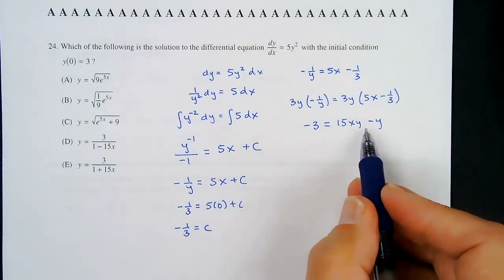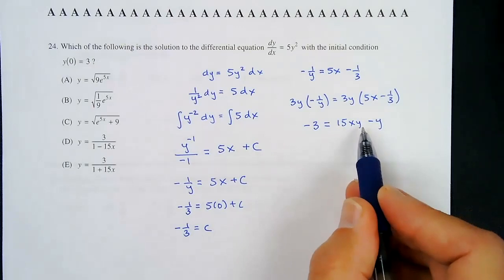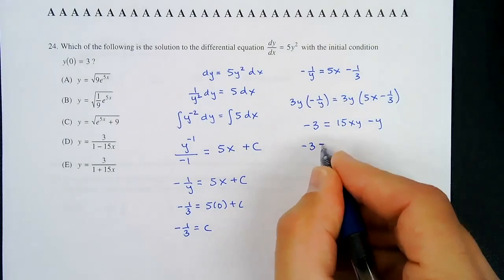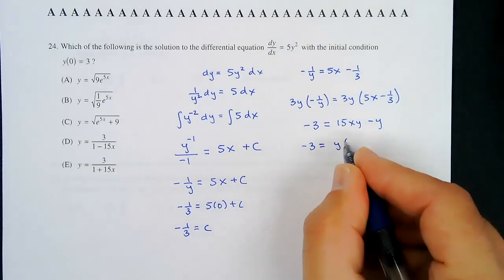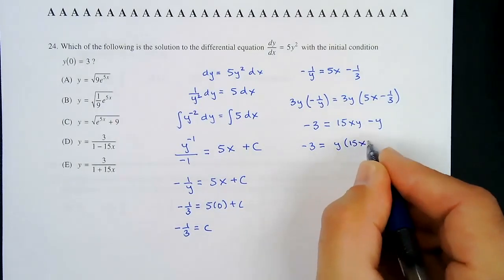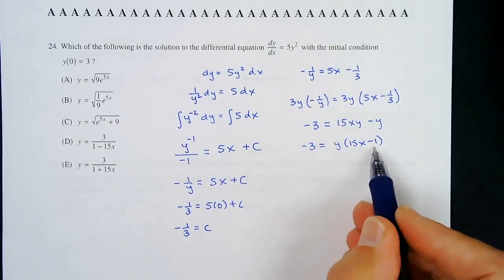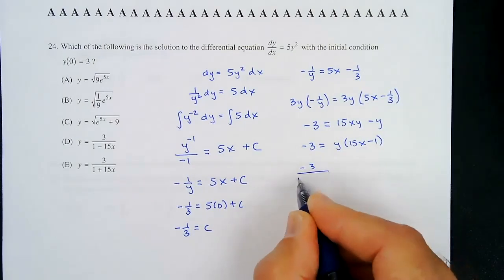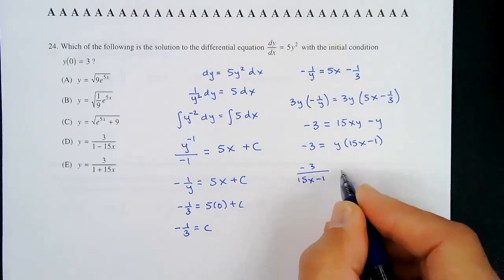Okay, and then the next thing you could do on this right-hand side, because we need to solve for y, is factor out a y. So -3 is equal to y times 15x minus 1. And then divide both sides by 15x minus 1, and you'd have -3 over 15x minus 1 is equal to y.